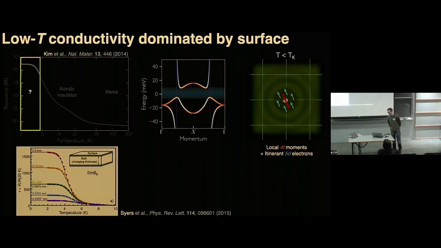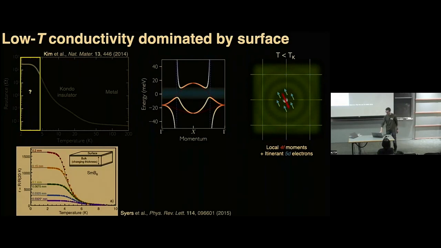The anomaly is that at the lowest temperatures, this divergence of the resistivity suddenly flatlines, it plateaus. And some transport measurements were able to show that in this low temperature region, the conductance is coming almost entirely from the surface. So they just change the ratios of surface to bulk thickness and look at how the plateau responds.